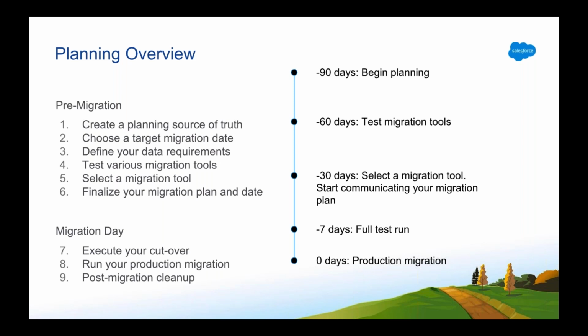So pre-migration, the first thing we want to do is create a planning source of truth. Now, what do I mean by that? This would be a document that would be accessed by anyone involved in the data migration. It would be a central source of truth. Ideally, it would have some sort of live updates, something like Google Sheets or Google Docs or Quip, or there's a bunch of other project management software out there.